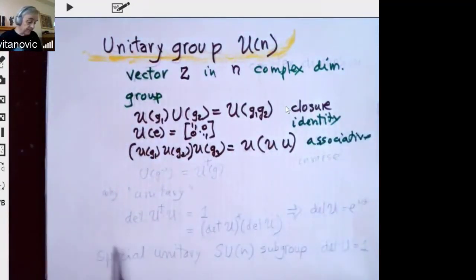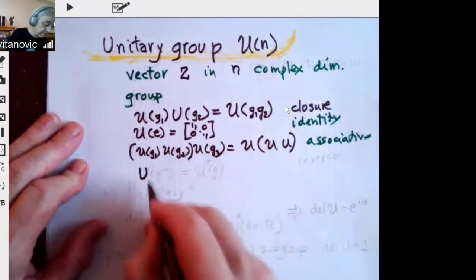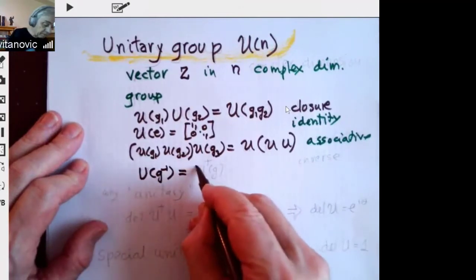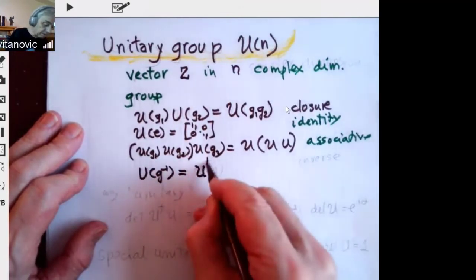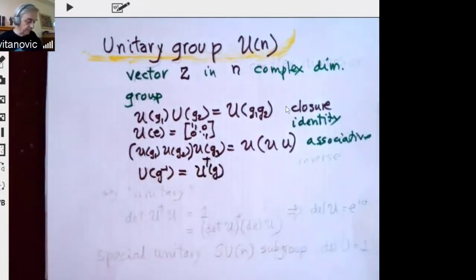And it has this incredibly simple inverse. You just take the matrix, and to get the inverse element, you just transpose the matrix and complex conjugate the elements. So there's no work in getting the inverse. It's a simple thing.